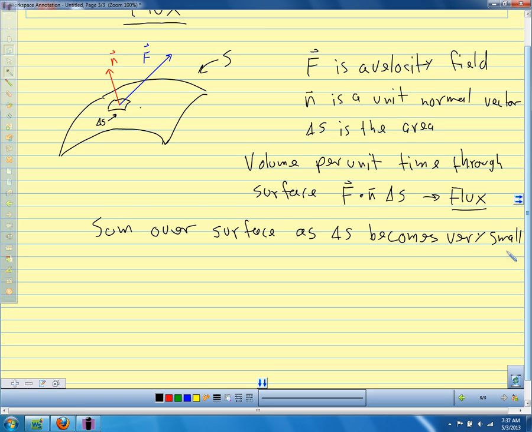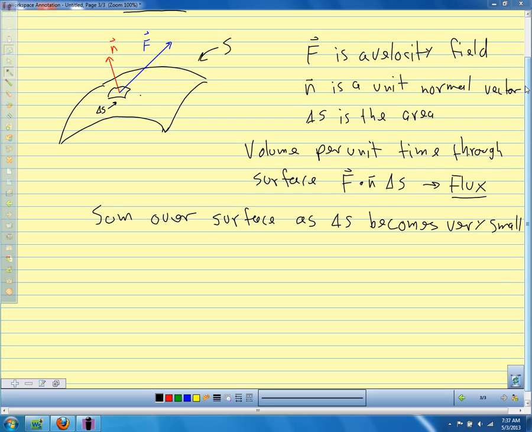And that gives us our surface integral of the vector field over S, over our surface, or our flux integral. The flux integral is the same thing as the surface integral of F over the surface. Surface integral of a vector field is the flux integral.